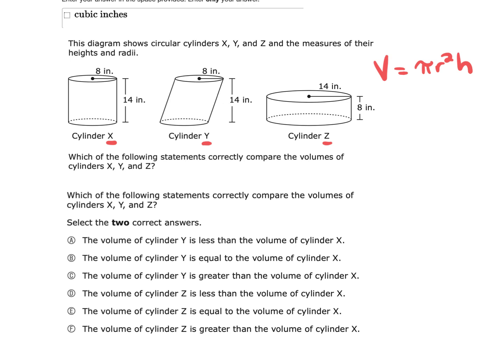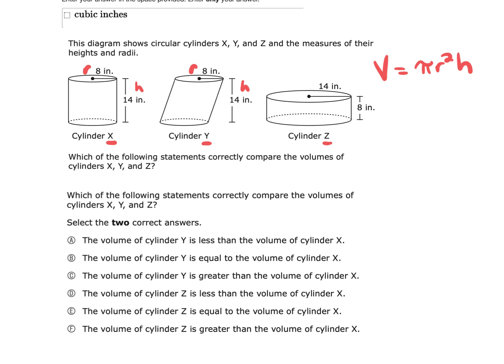If you notice, the radius for X and Y and the height for cylinder X and Y are exactly the same. Okay? So, even though Y is slanted to the right a little bit, the height's still 14.